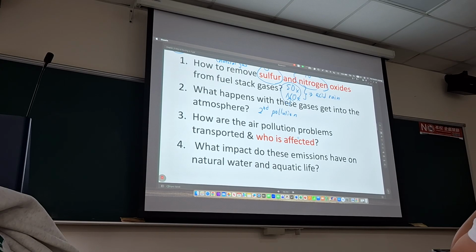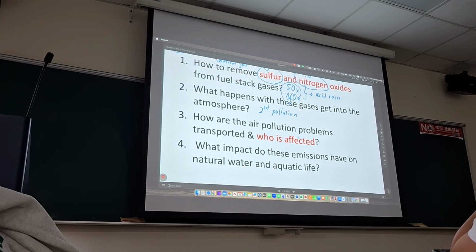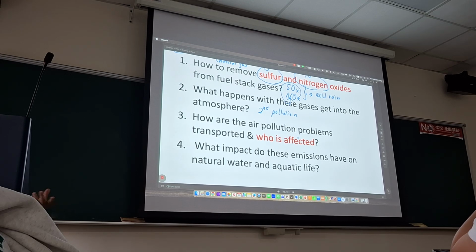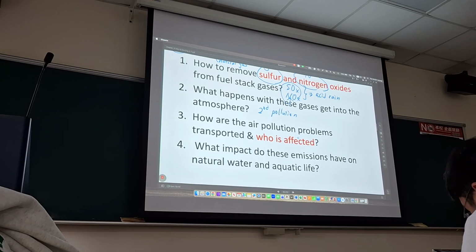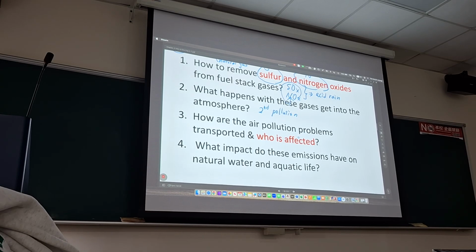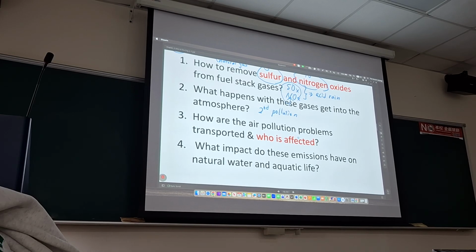And the next question: those pollutants have been generated, so how are air pollution problems transported, and who is going to be affected? I would say all living things. Even some buildings will be affected by acid rain.